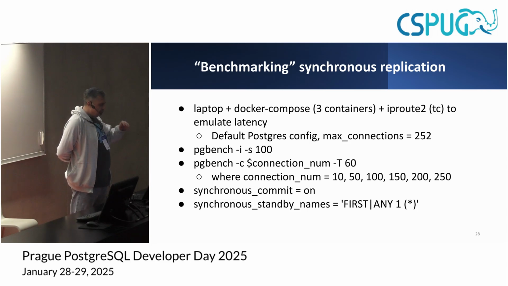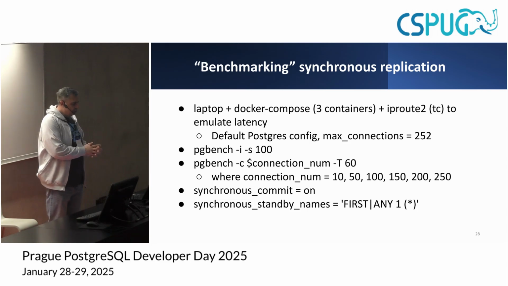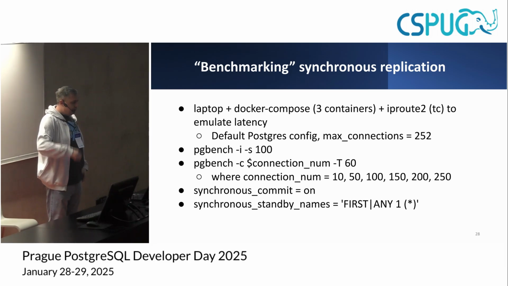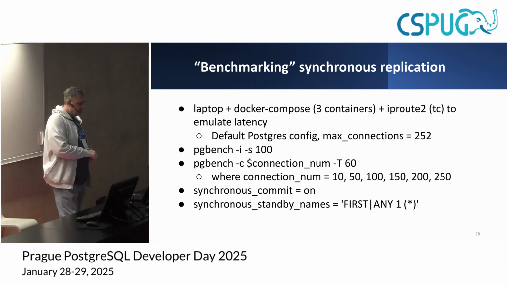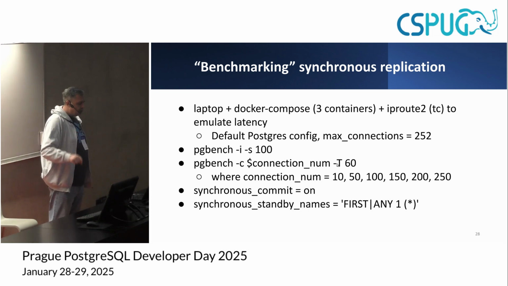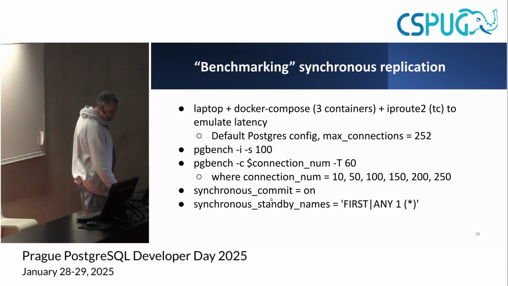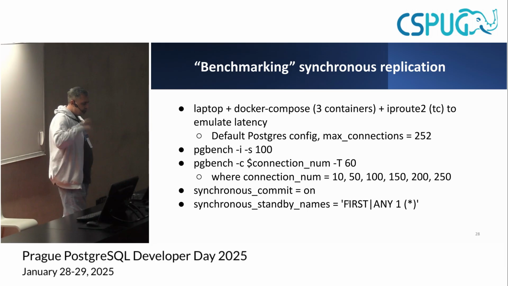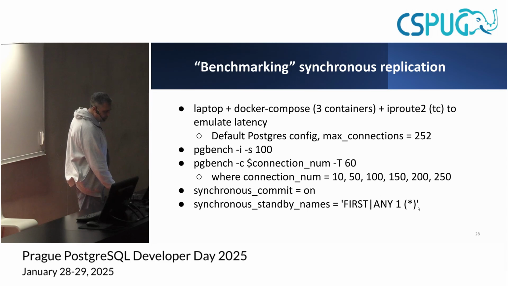Postgres configuration was default. I didn't really want to have a fully blown benchmark, so I increased only max_connections because I did a series of tests with pgbench with scale factor 100, and every test was running for 60 seconds. The settings of synchronous_commit and synchronous_standby_names were the following: either priority synchronous replication or quorum synchronous replication to a single node out of 2.